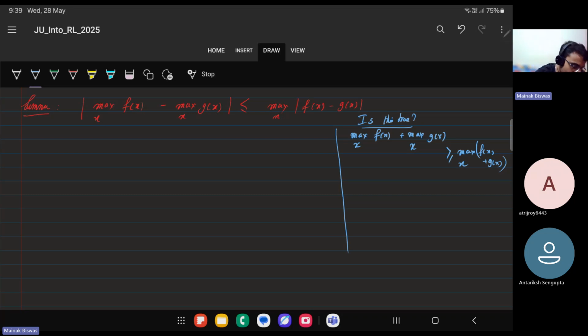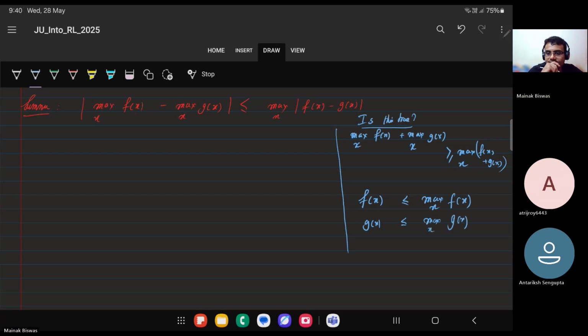It's very simple. Do you agree? f(x) is less than or equal to max of f(x). Max is defined as the maximum value of a function, so any other value would be less than or equal to it. Similarly, g(x) is less than or equal to max of g(x).